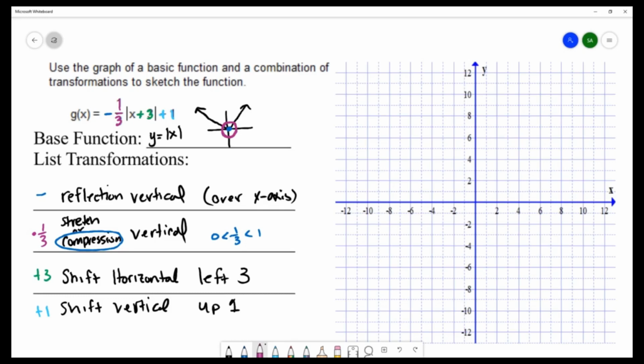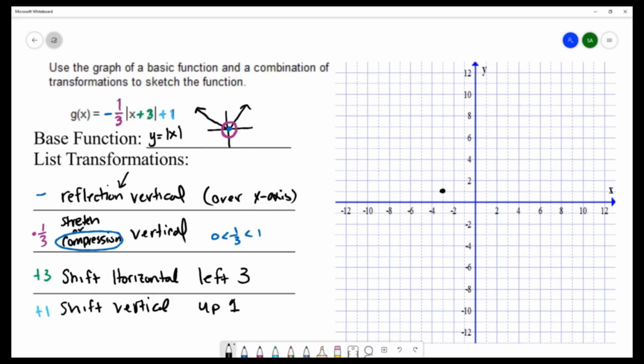So if I shift to the left 3 and up 1, my new corner will occur at the ordered pair -3, 1. The vertical reflection means that instead of the V facing up, it's going to face down.